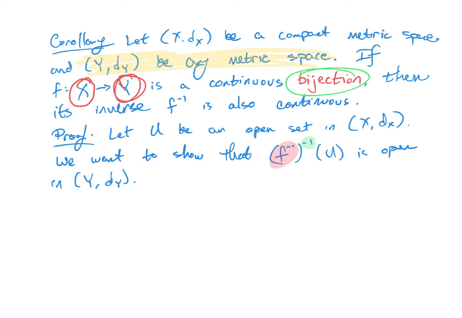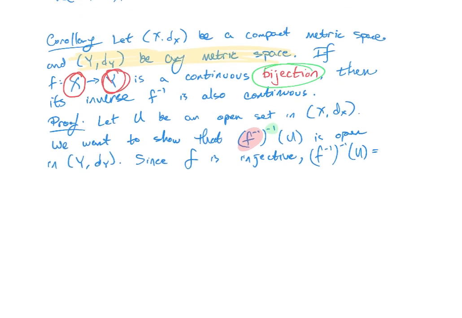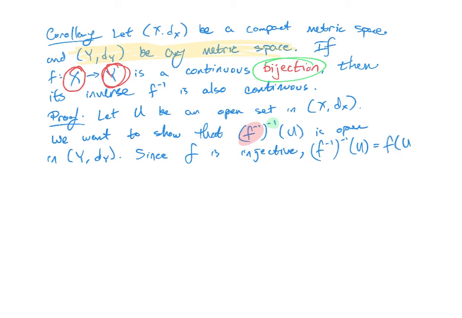But since we're one-to-one, since we're injective, the preimages of the inverse images of U are the images of U.